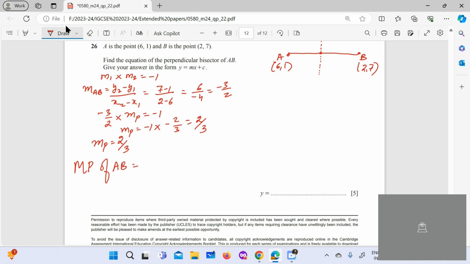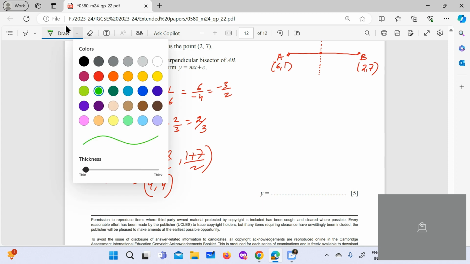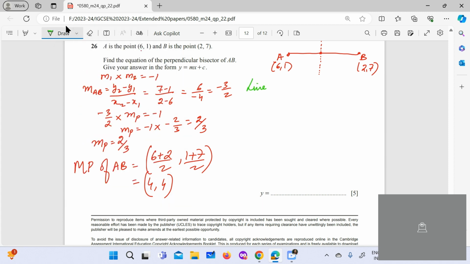The midpoint formula is (x1 plus x2) upon 2, so (6 plus 2) upon 2, and (y1 plus y2) upon 2, that will be (4, 4). So your line passes through (4, 4).